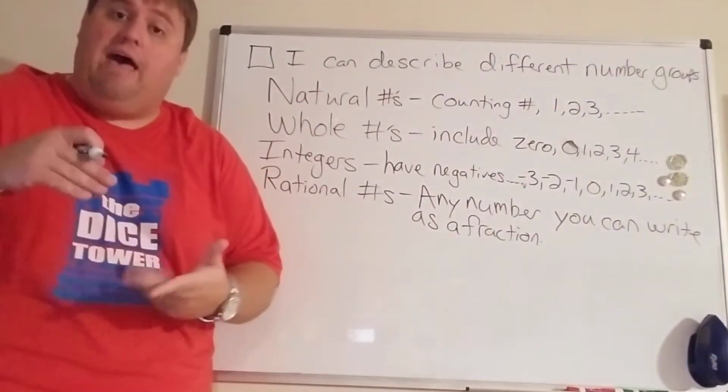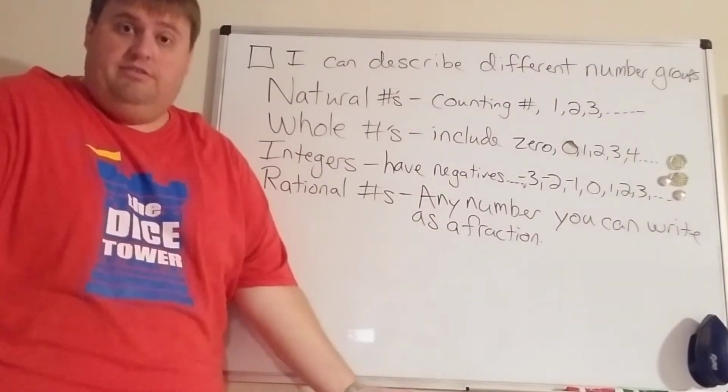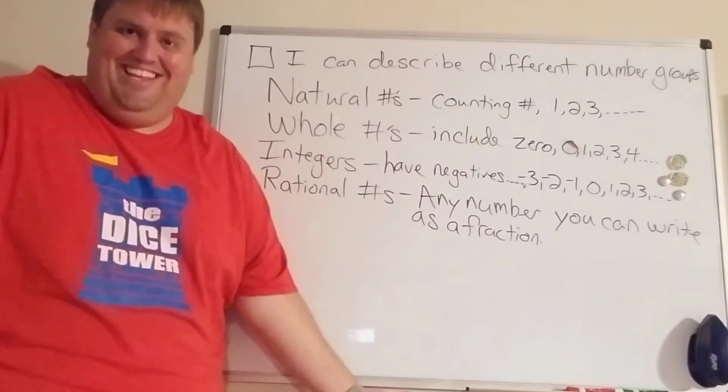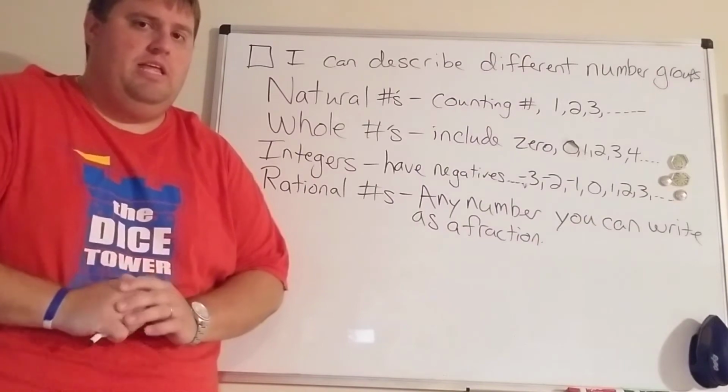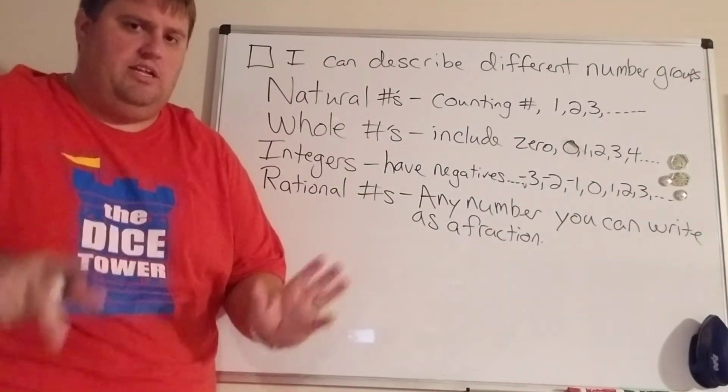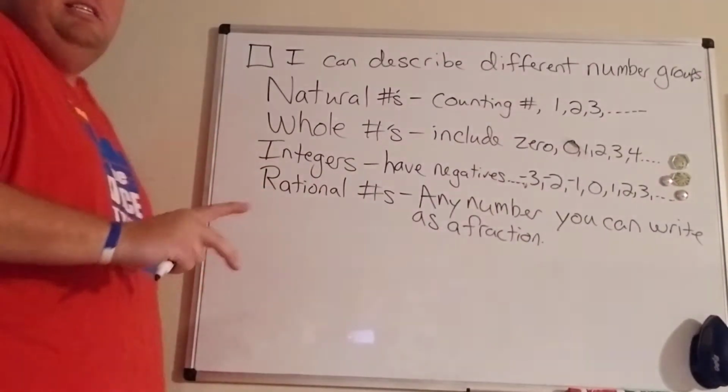Obviously we have fractions here, because a fraction's a fraction. But the tricky part is some decimals, and this is where it gets confusing. There are only some decimals that are rational.